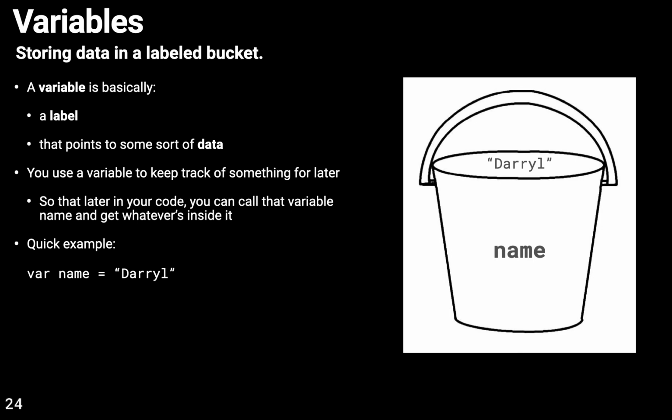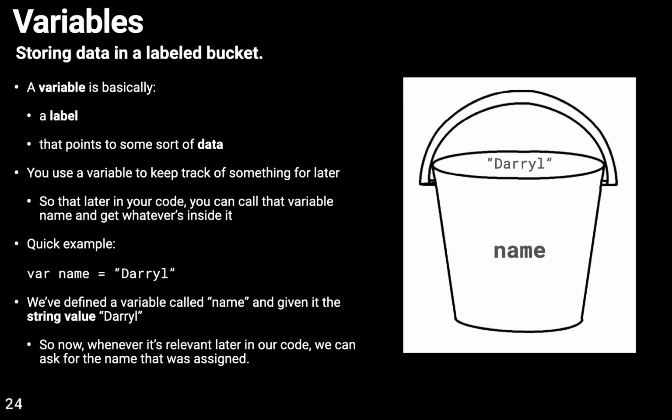This is how you would define a variable called name, with the assignment operator, and then Daryl is the string that we want to put in it. What we've just done is define a variable called name and given it the string Daryl. So now, whenever it's relevant later in your code, you can ask for the name that was assigned to this variable. It might not be clear yet why that's useful or powerful, but just try and get your head around this specific piece of the puzzle.